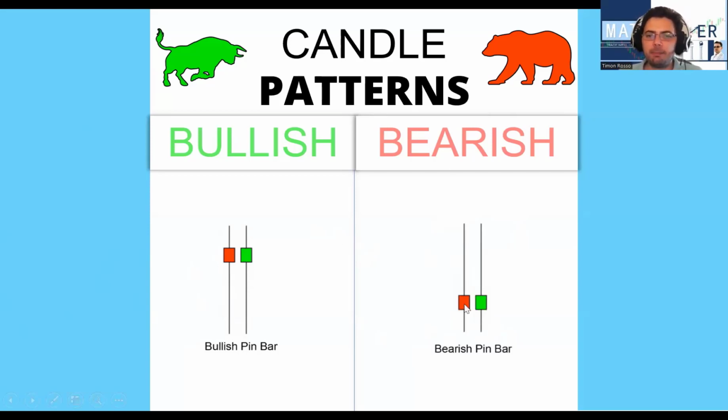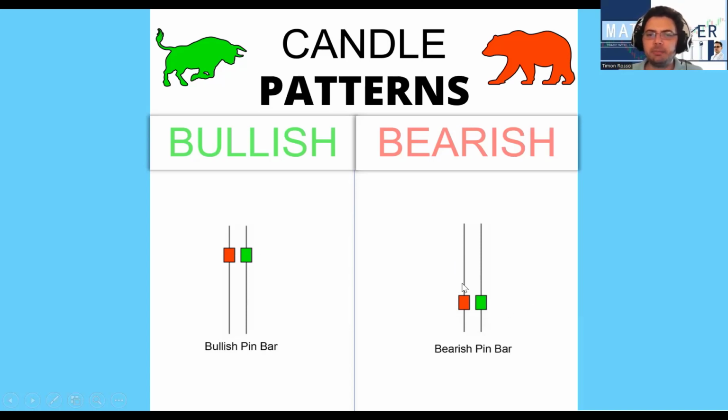And the opposite, we have the bearish pin bar, where it's not only about where the open and close is for the down candle and up candle, but also about how big the wick is. In this case, you can see that the bears won where the candle closed, but on the up candle, you can see that the market went down to test that level, failed to break below, closed above, and is showing bullishness to come.